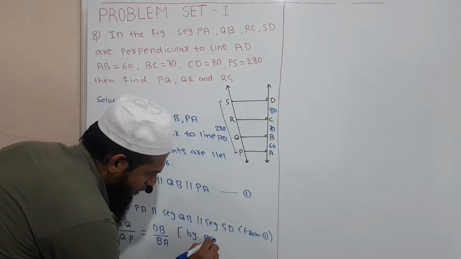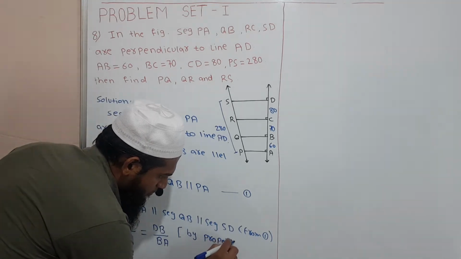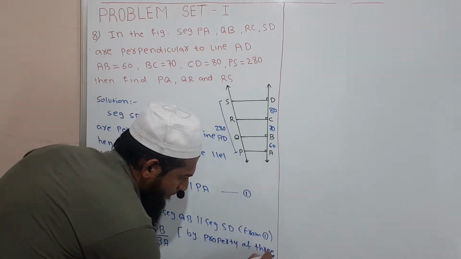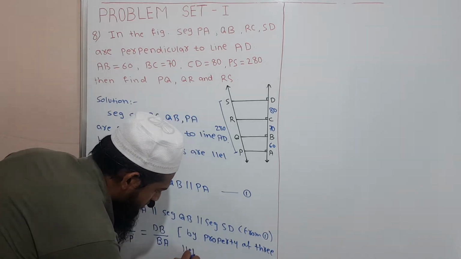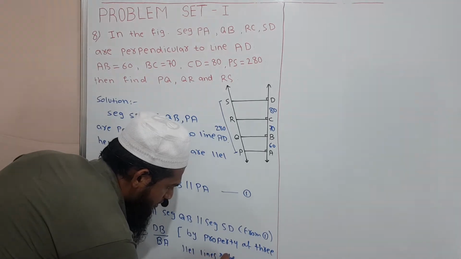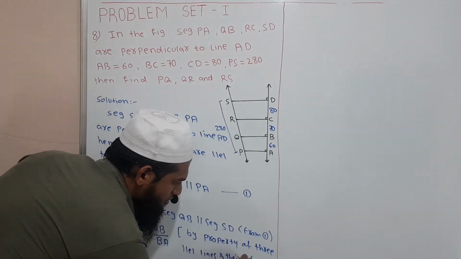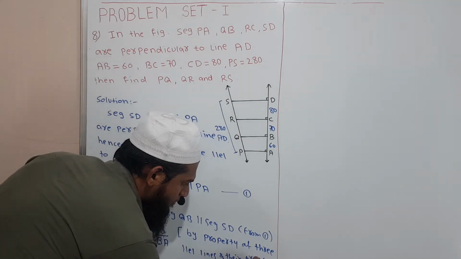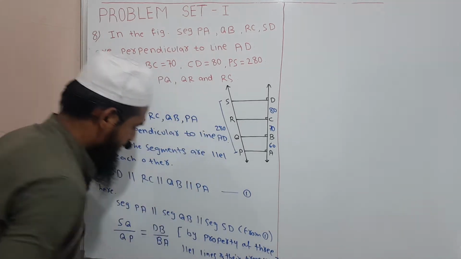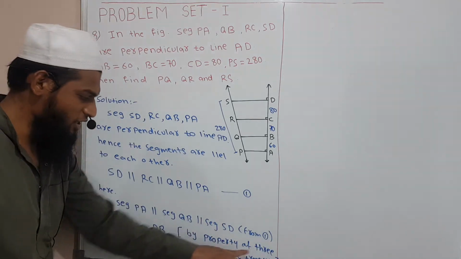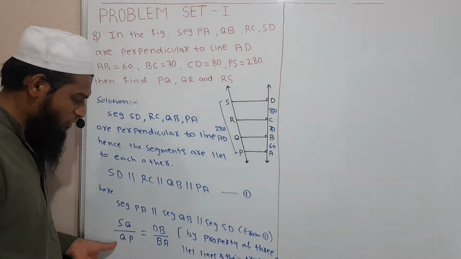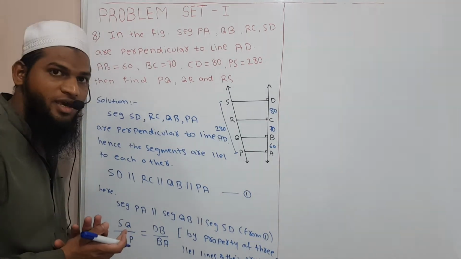By property of three parallel lines and their transversal. Okay, so according to the property of three parallel lines and their transversal, we can write SQ upon QP is equals to DB upon BA.